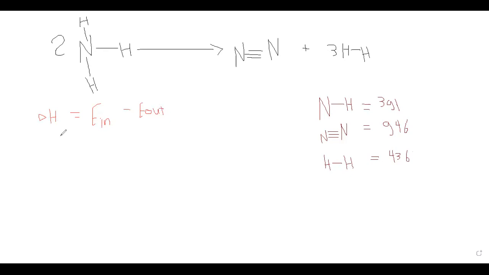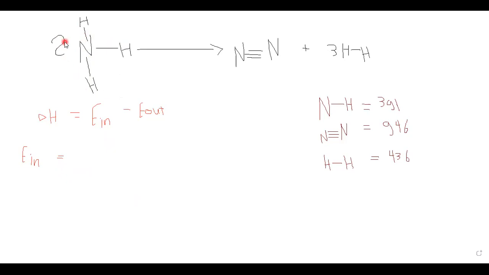Number 2, I have to find energy in, which is the energy of the reactant. Who is the reactant here? 2NH3 only. I have 2 here at the beginning, so you have to write 2, multiply. How many bonds do you have? 3 bonds.